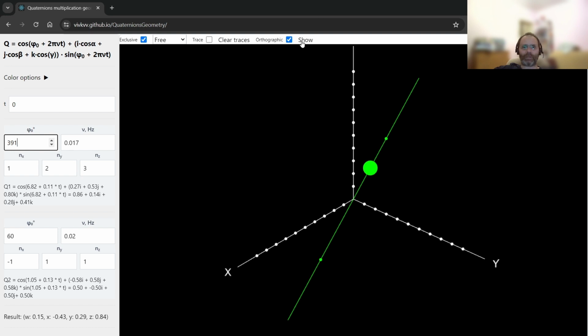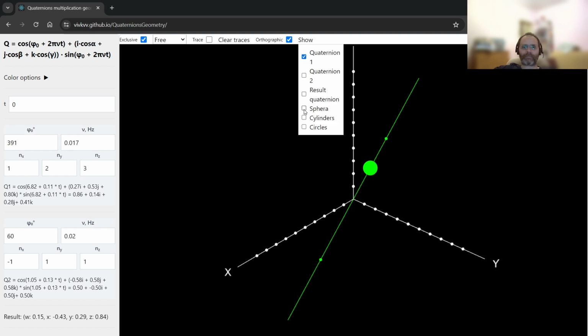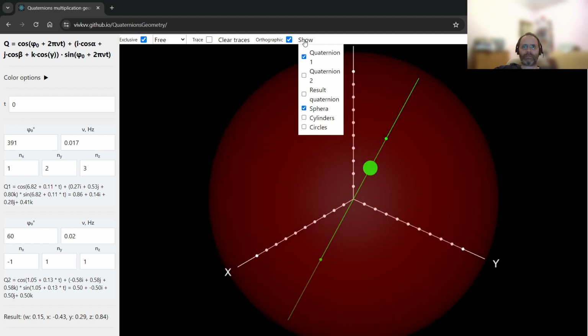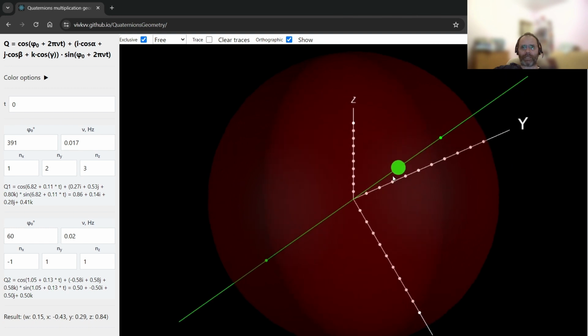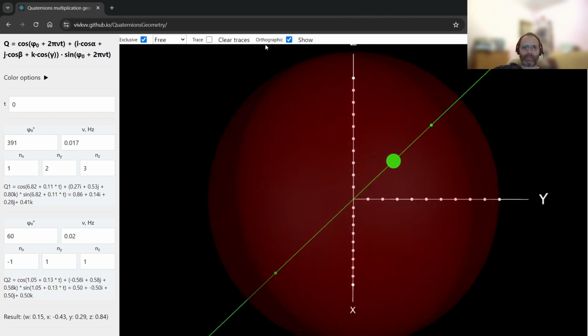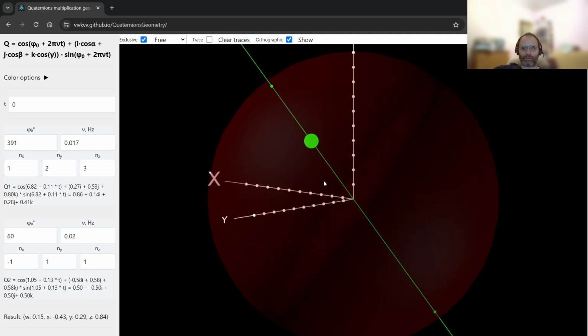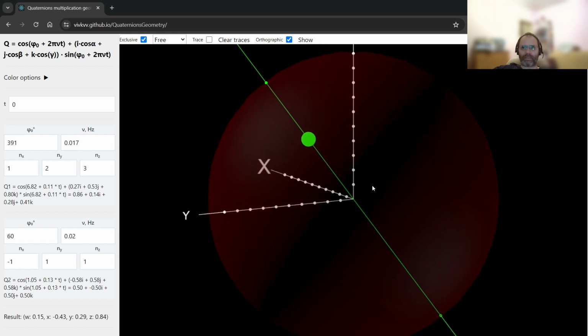You can look at this sphere, you can check it, and we can orient this sphere to see that those points are actually the intersection of the directional line and the three-dimensional sphere.